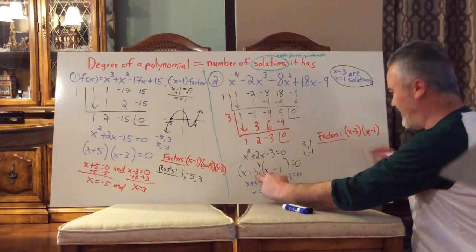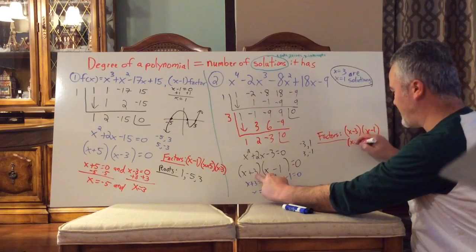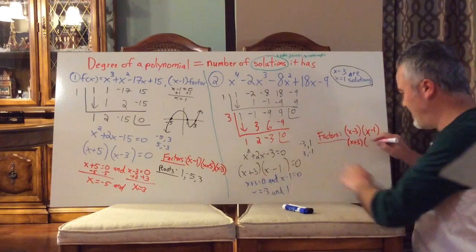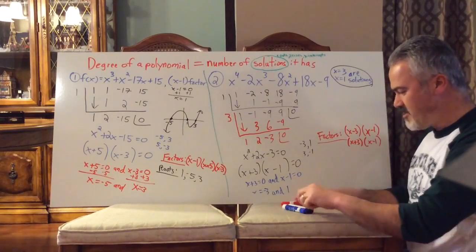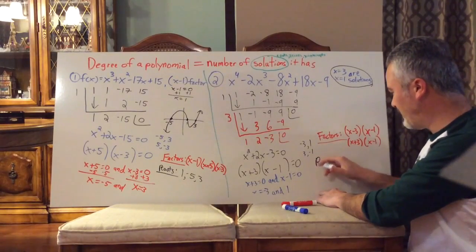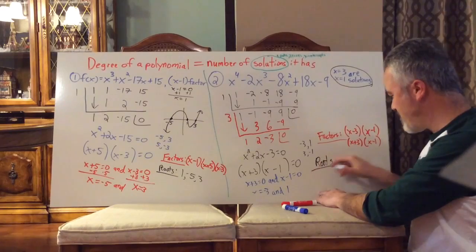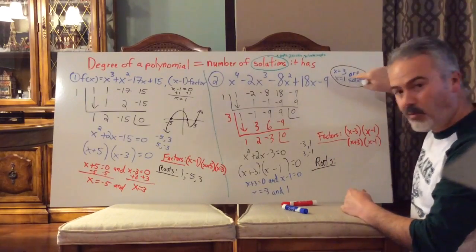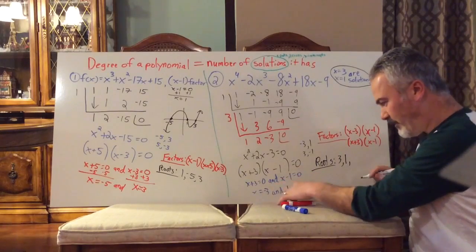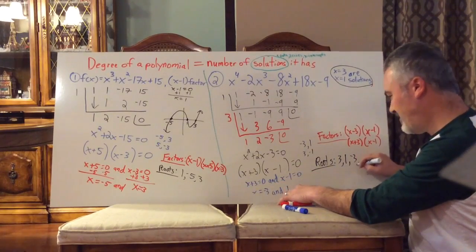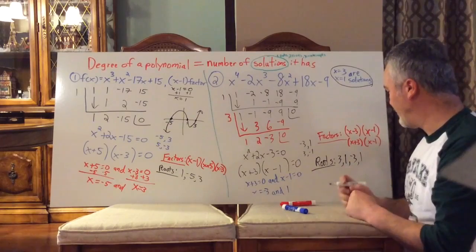And then the 2 that I found down here, x plus 3, x minus 1. There's all my factors. If I want roots, okay, 3 and 1 were already given to me. And then negative 3 and another positive 1.